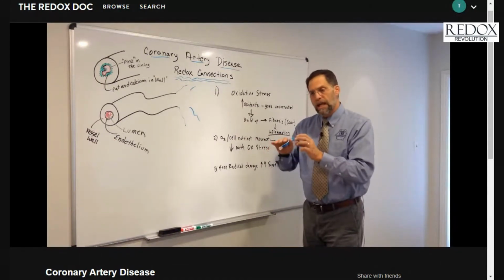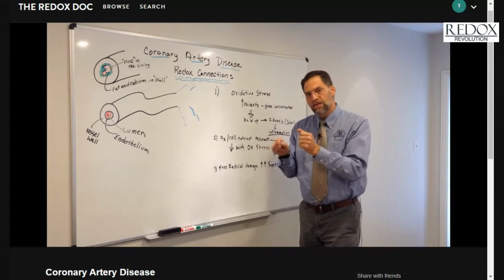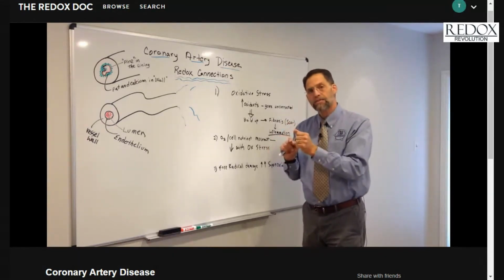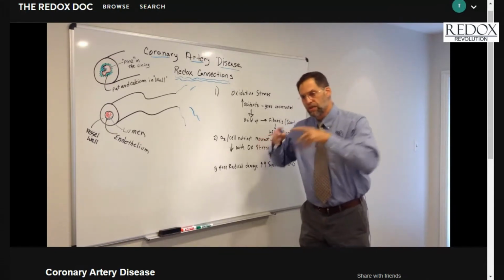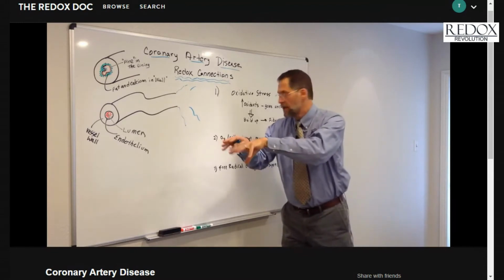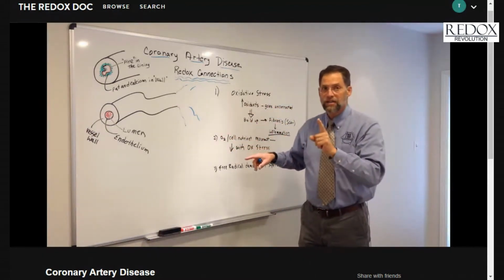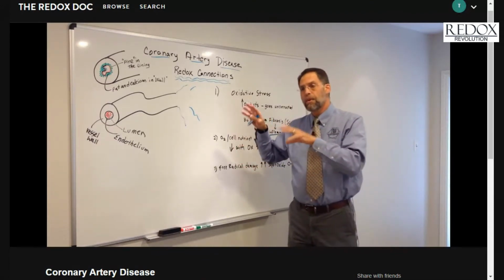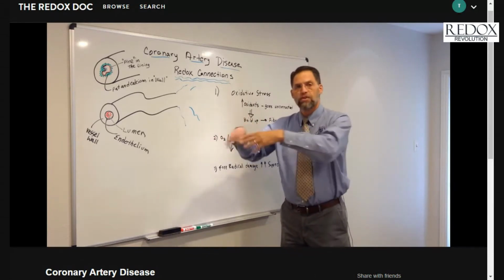That doorway has little hinges, like a door, and those hinges are activated or lubricated by redox molecules. So the ability for us to help nutrients get in as well as waste to get out is all connected to redox chemistry.